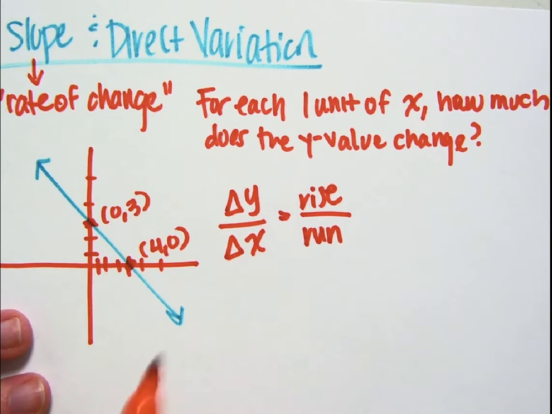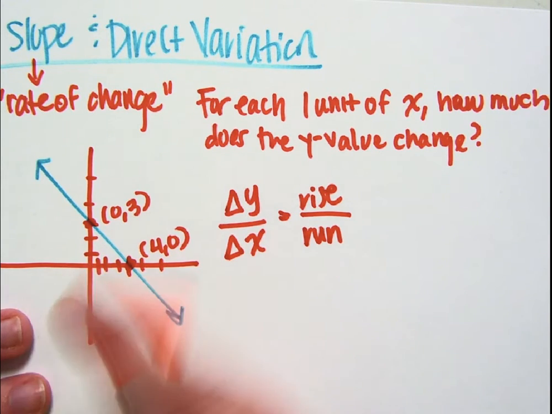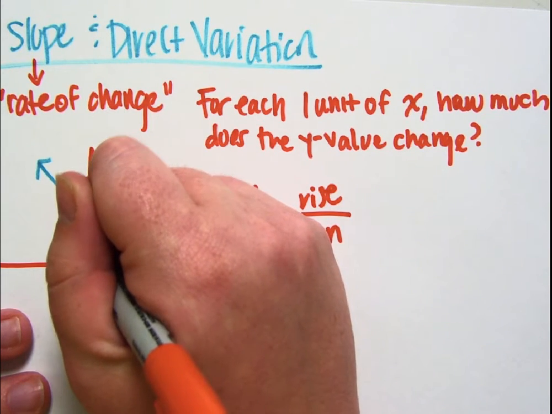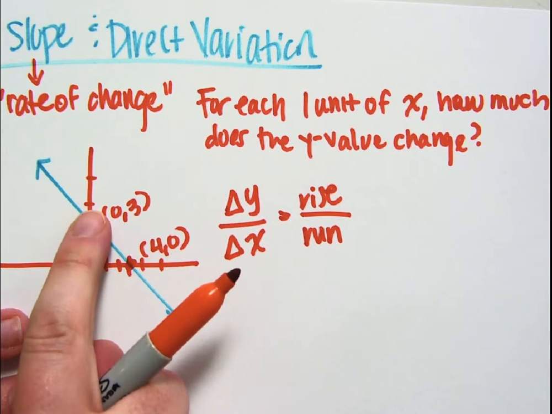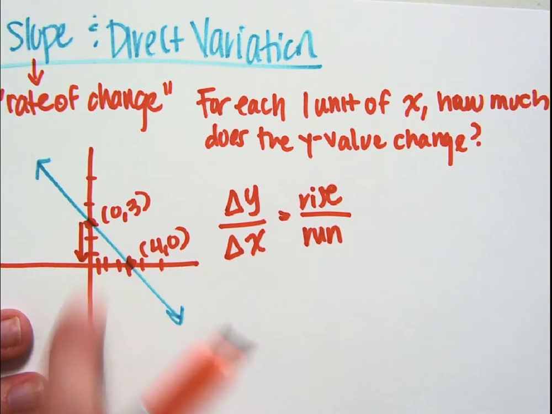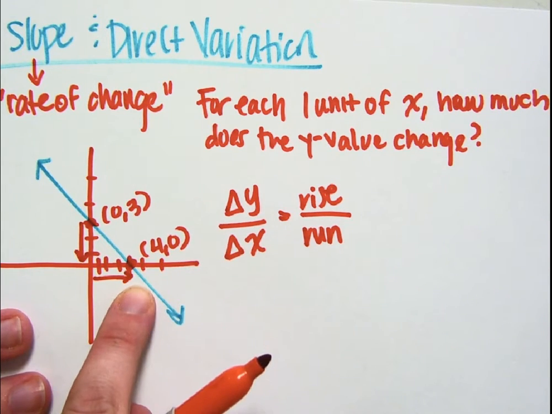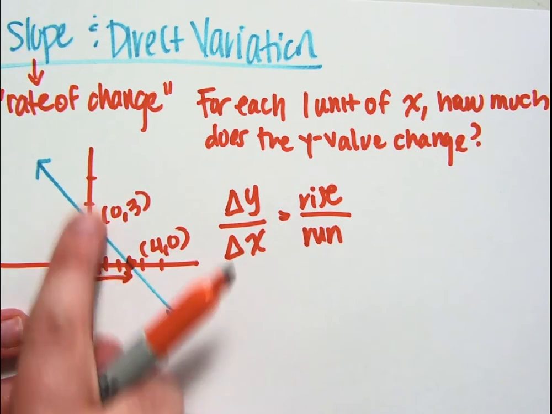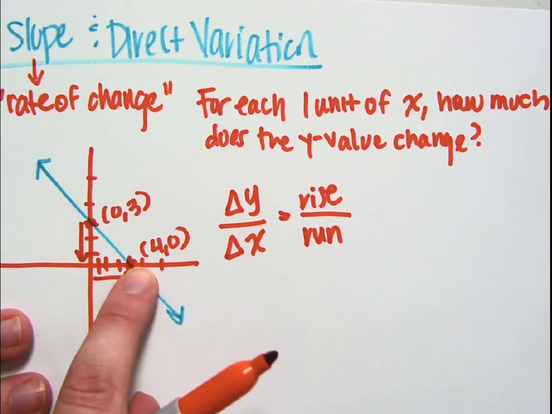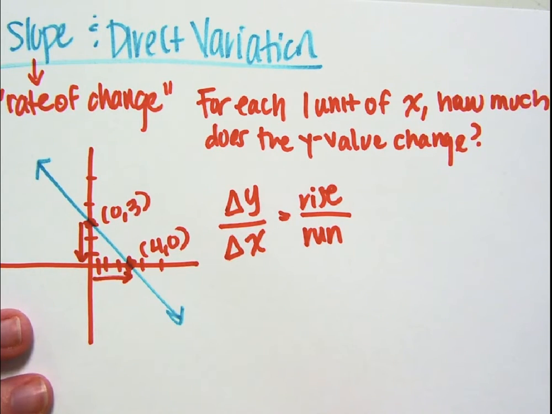Based on this graph, we can see what's going on. We're going to be going down, so our rise is a negative number, and our run is typically always going to be a positive number, so we're moving to the right. You can picture a triangle being built between two ordered pairs.